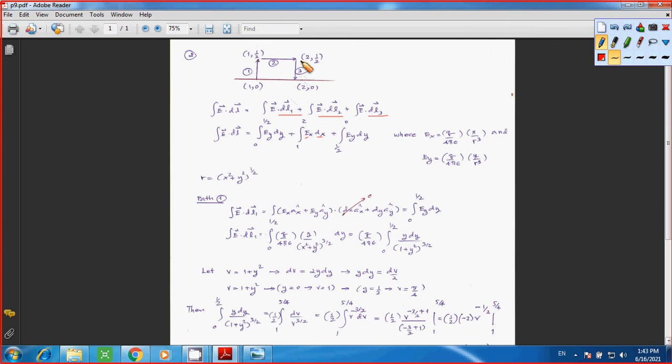And the path number 3, your dx equal to 0, so you have only dy and Ey. And I rewrite Ex and Ey just for doing integration.